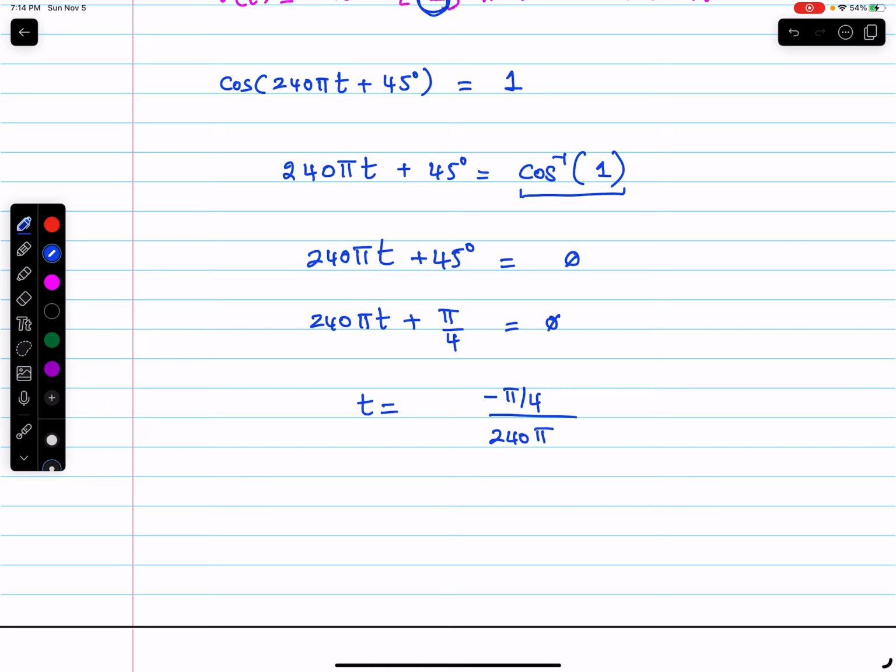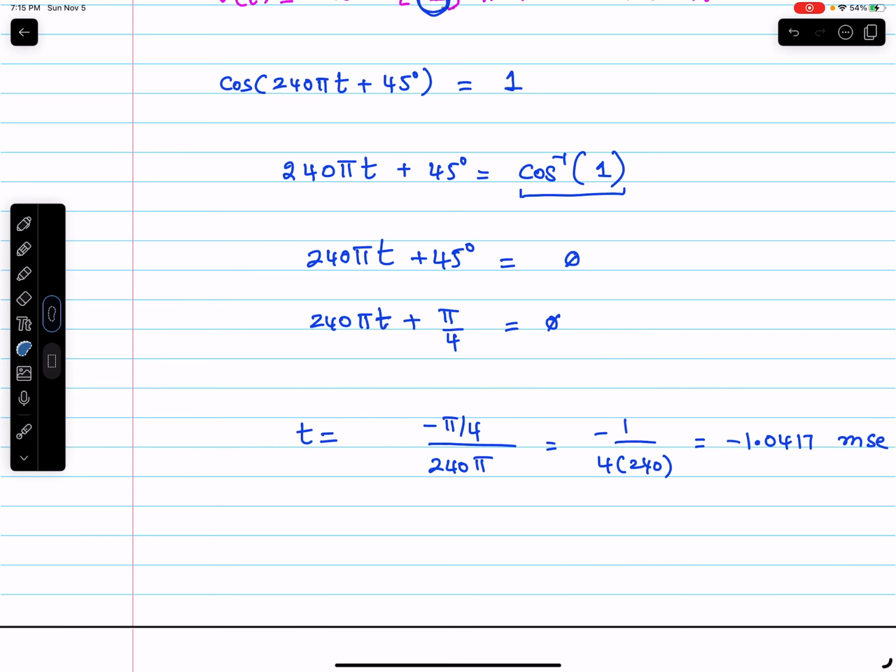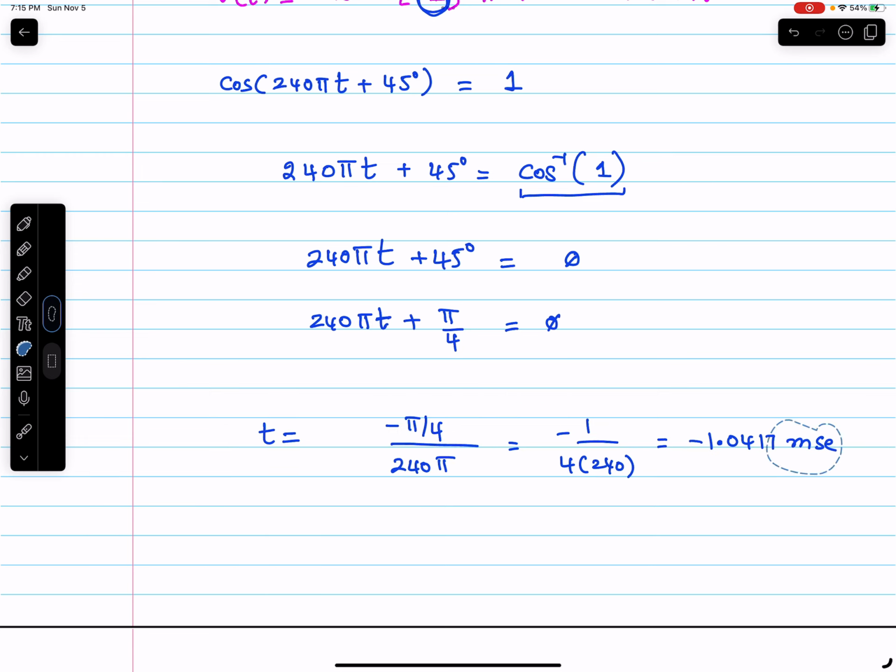It's simply a linear equation in t, and I'm solving for t. That gives us negative 1 over 4 times 240, which comes out to be negative 1.0417 milliseconds. Okay, this is all in milliseconds.